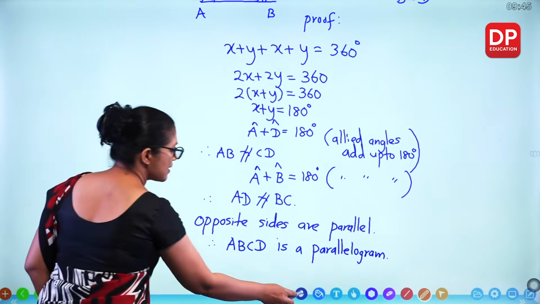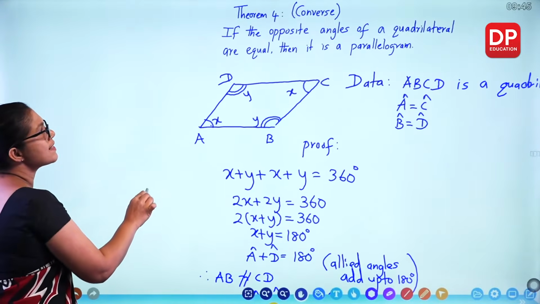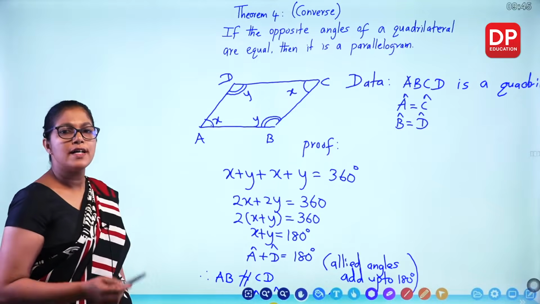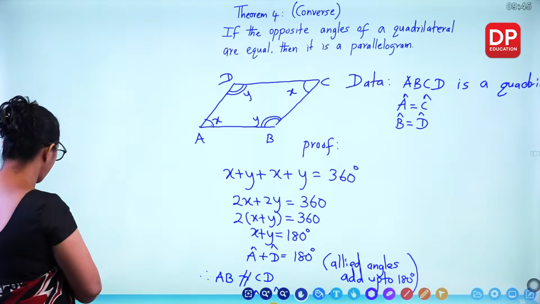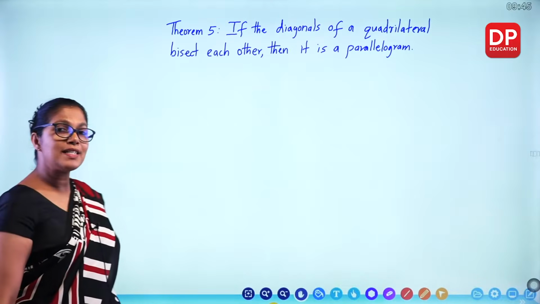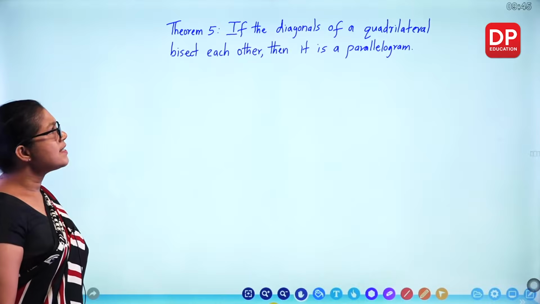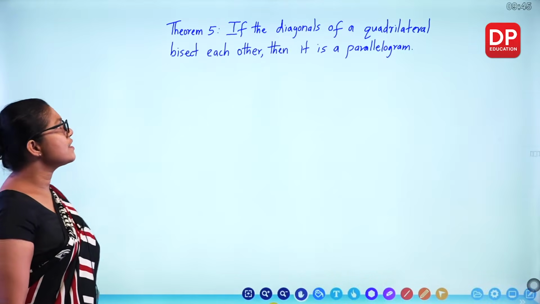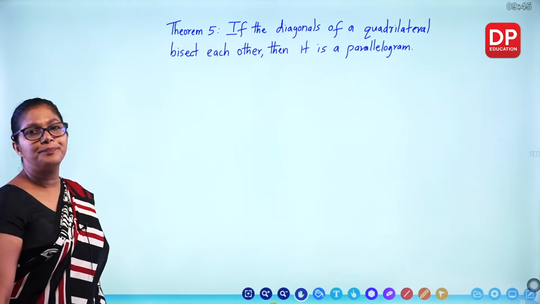So that's theorem number 4. That's the converse of theorem number 1. Now we'll take theorem number 5. It says if the diagonals of a quadrilateral bisect each other, then it is a parallelogram.